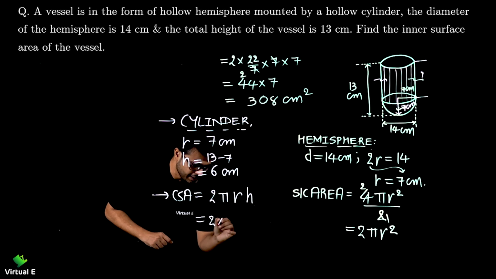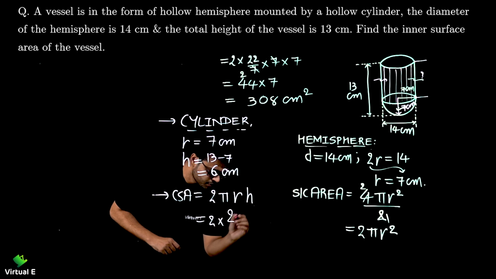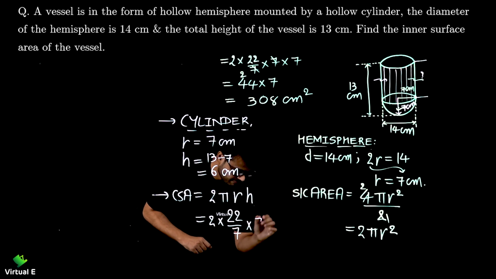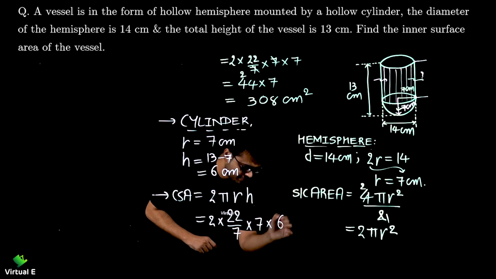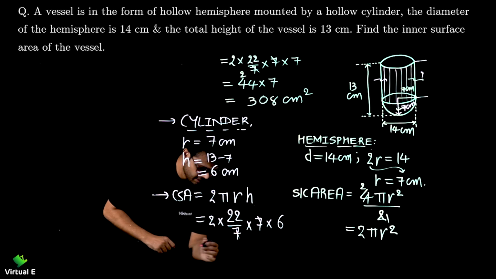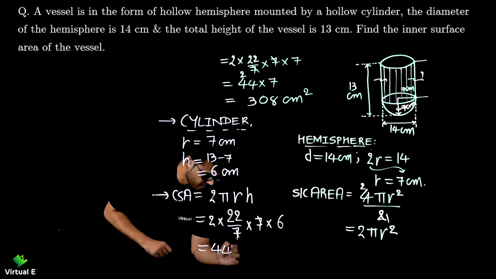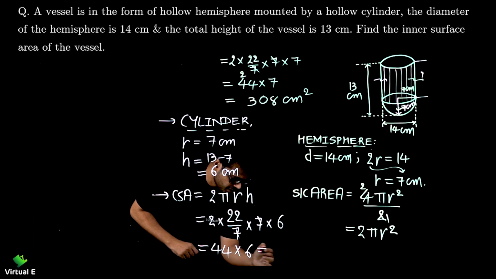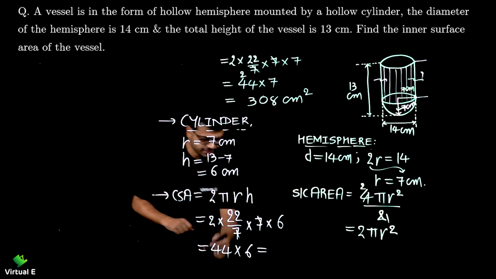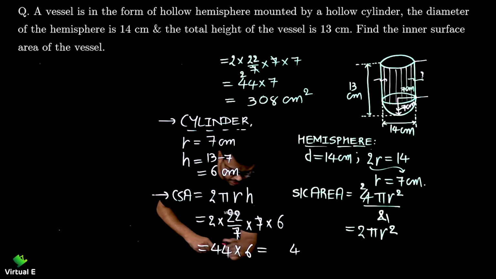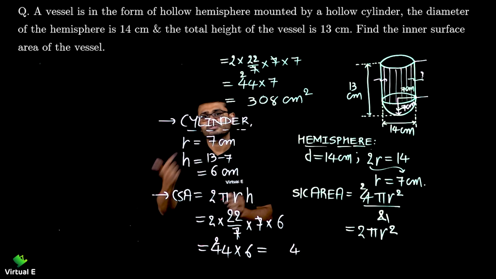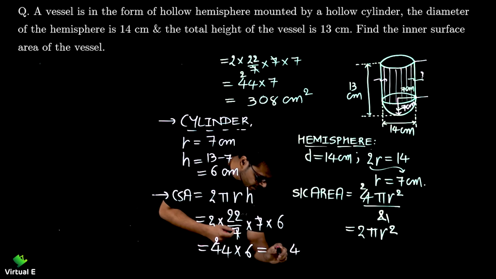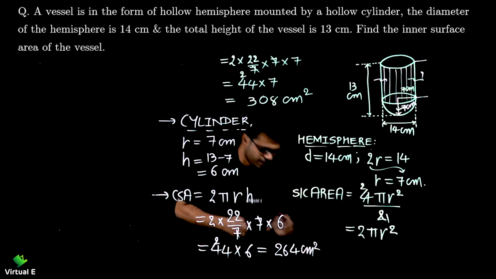So 2 as it is, pi is 22 by 7, r is 7, and h is 6. 7 7 cancel here. 44 into 6. So let's multiply. 6 4s are 24, 4 here, 2 carry over. 6 4s are 24 plus 2, 26. Here it is centimeter square.